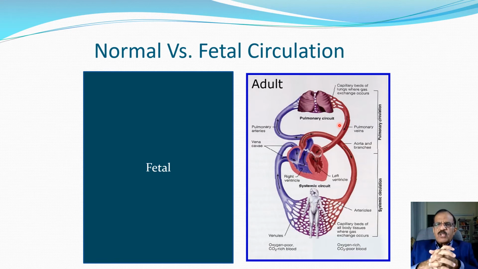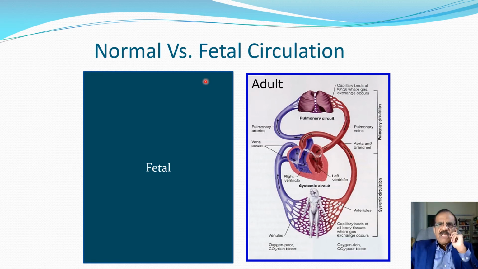Whatever blood passes through the left side has to pass through the right side also, and whatever amount passes through the left side, the same amount will pass through the right side. So the left-sided and right-sided circulations are in series as far as physiology is concerned.